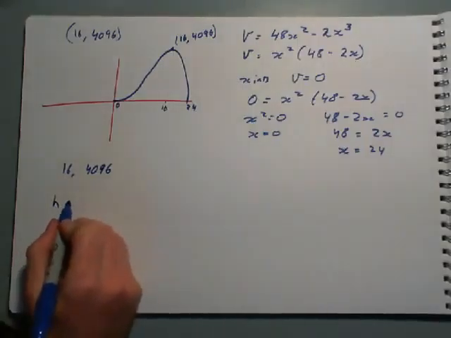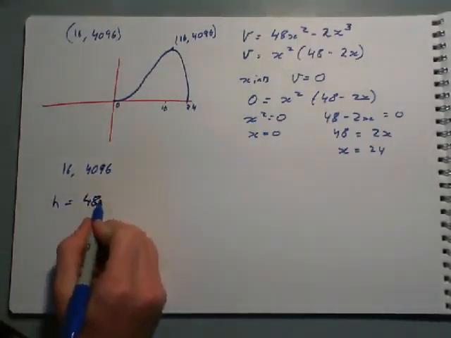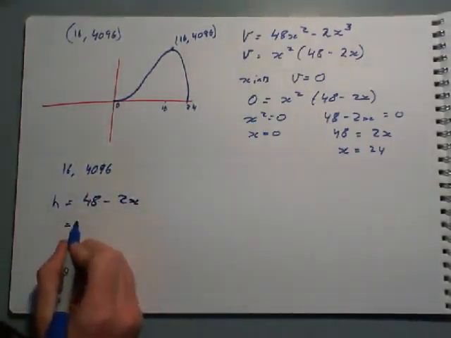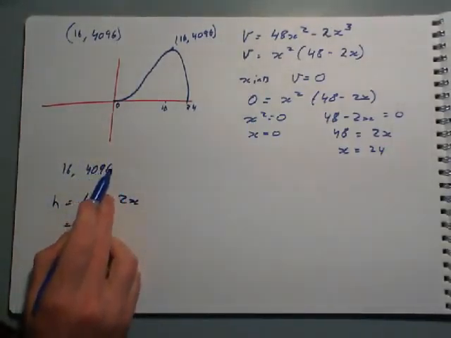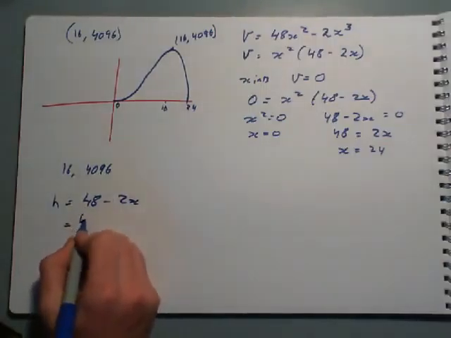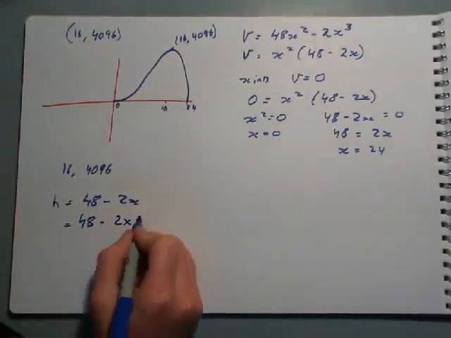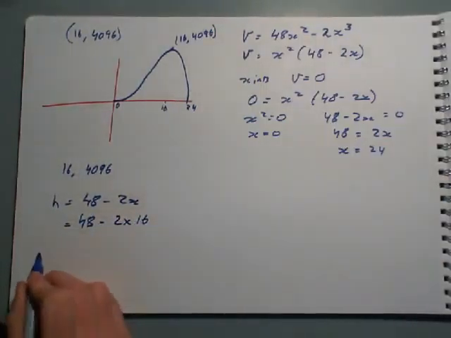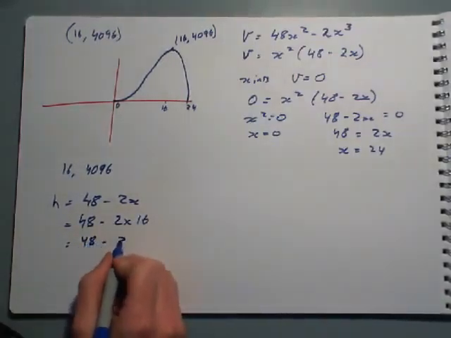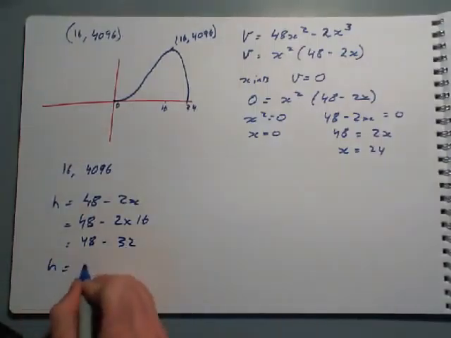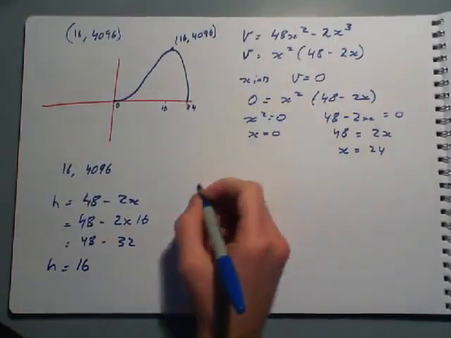Well, we've got our height formula, which is 48 take 2x, and the maximum volume occurs at x equals 16. So 48 take 2 times 16 is 48 take 32, which will give us a height of 16 as well.